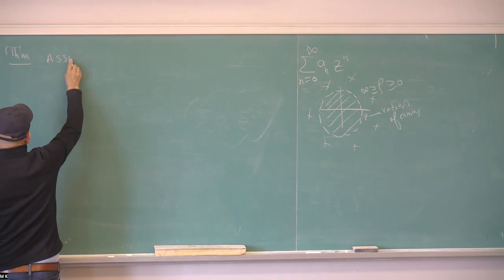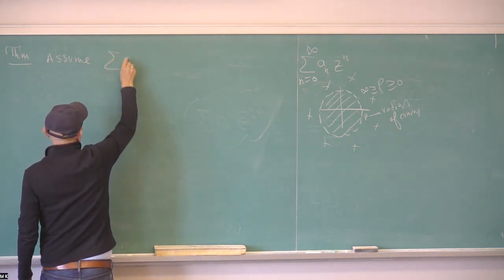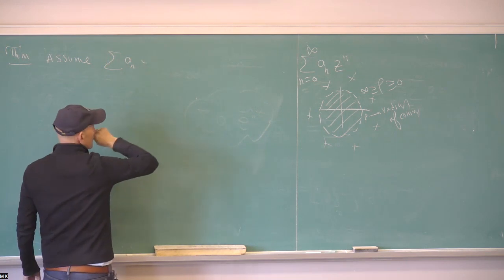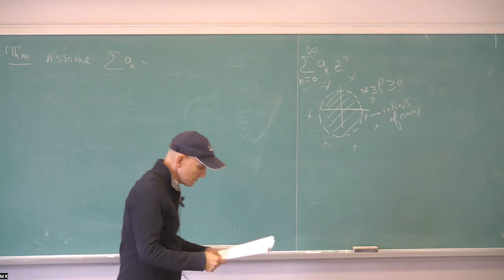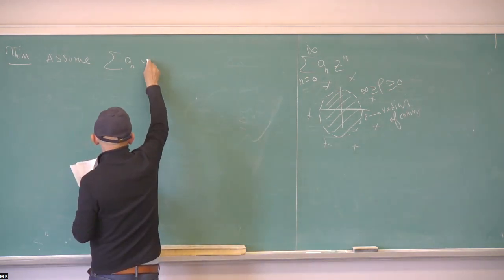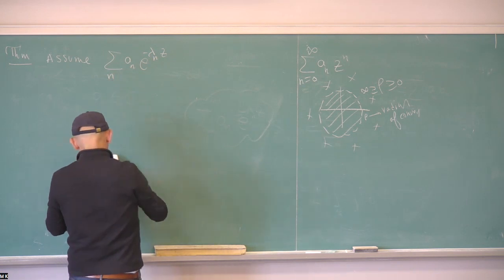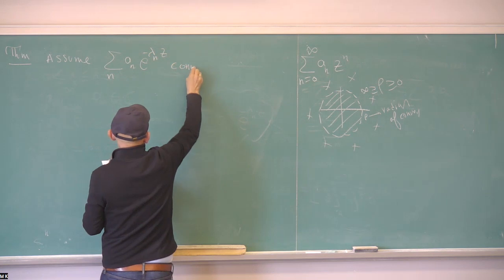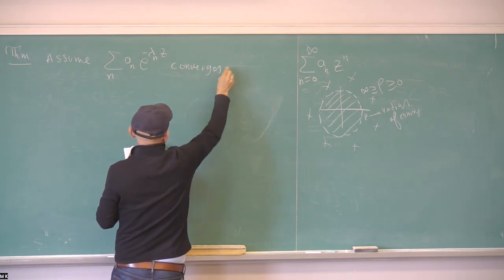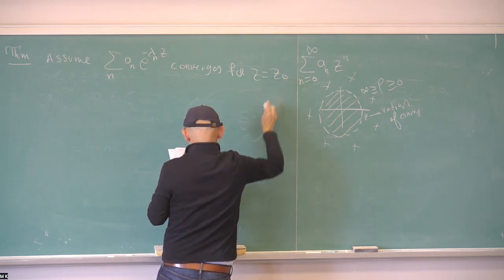Assume the sum of a_n e to the minus lambda_n z converges for z equal to z_0.